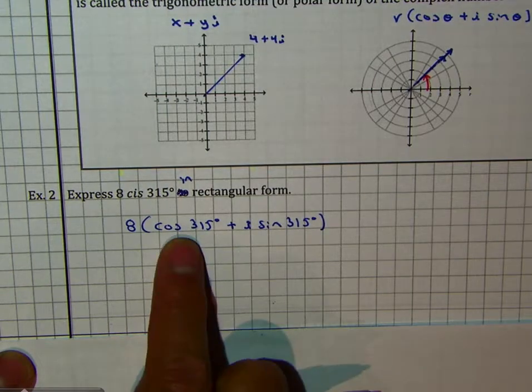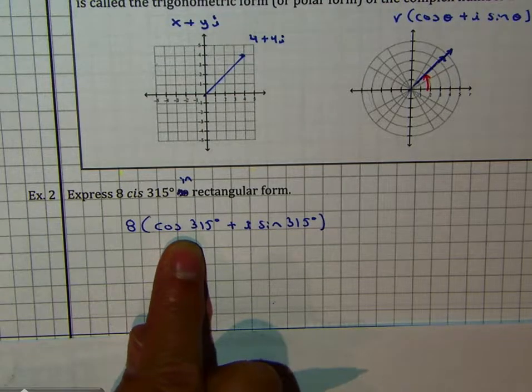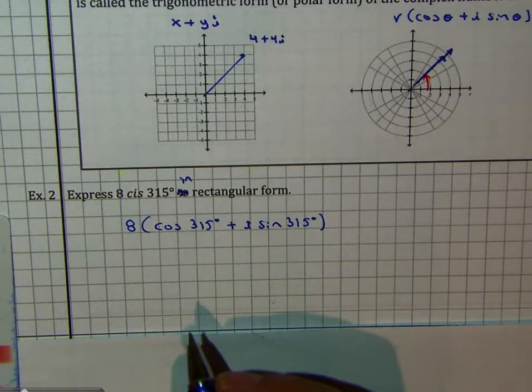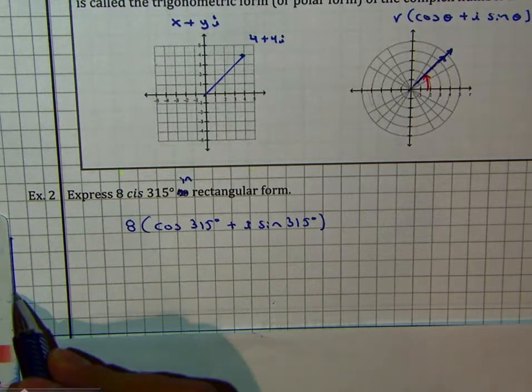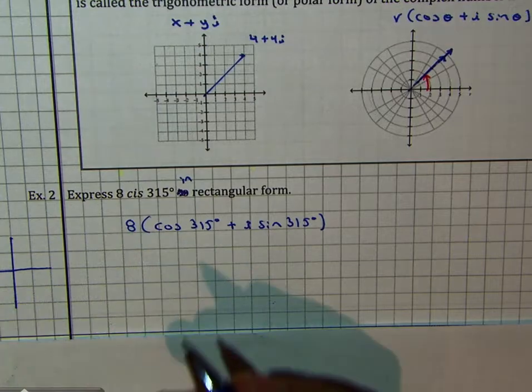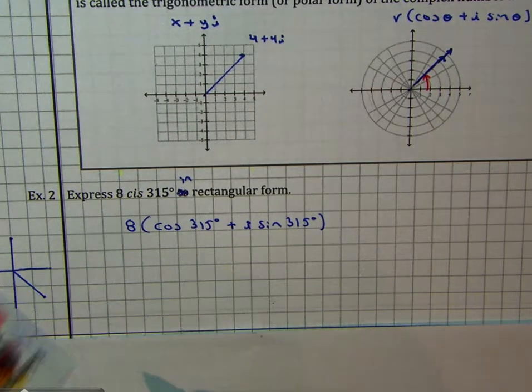The first thing we're going to do is evaluate 315 degrees. So I'm going to place my x and y axis. Do you know your cosine of 315 degrees? You should know at this point without doing the graph. 315 degrees is here, the halfway mark.